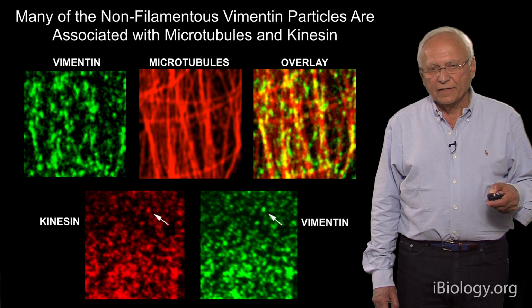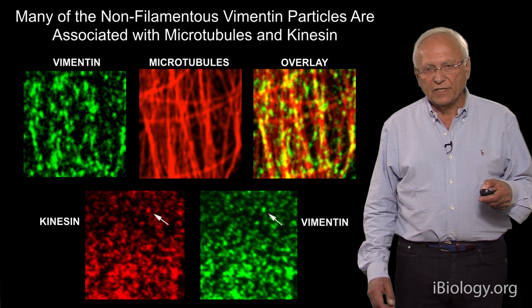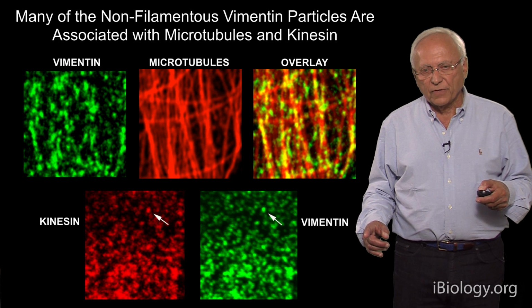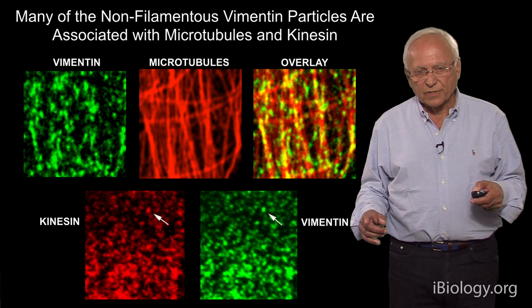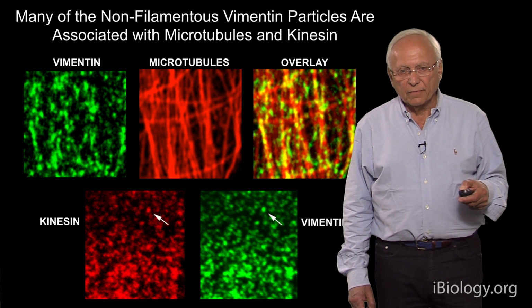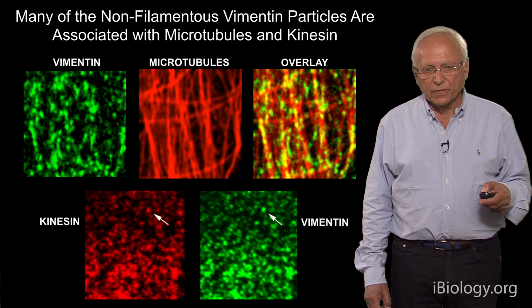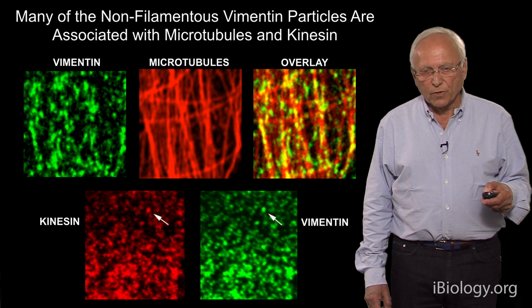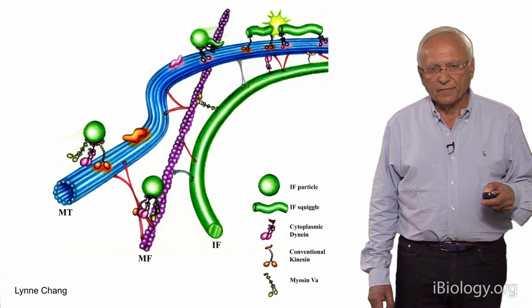And then the overlay on the right, on the upper set of pictures, you will see that there's a very nice overlap between the Vimentin particles and microtubules. And in fact, if you look on the bottom two panels, you'll see that most of the particles co-localize with the molecular motor kinesin, which of course is a microtubule-based motor.